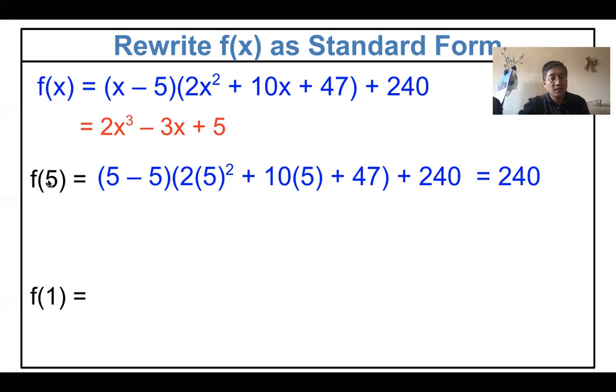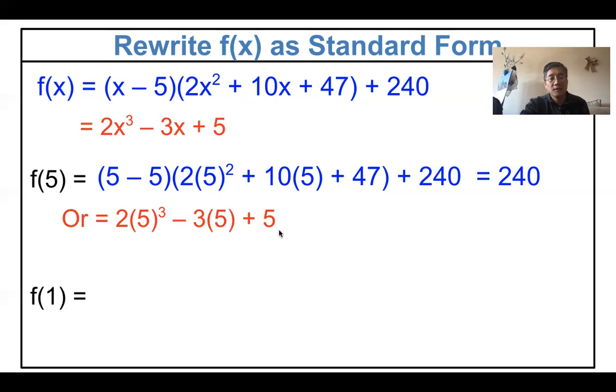Now, let's plug this f of 5 into this function. It's equivalent, but it's a standard form. So let's try. 2 times 5 to the third power minus 3 times 5 plus 5.